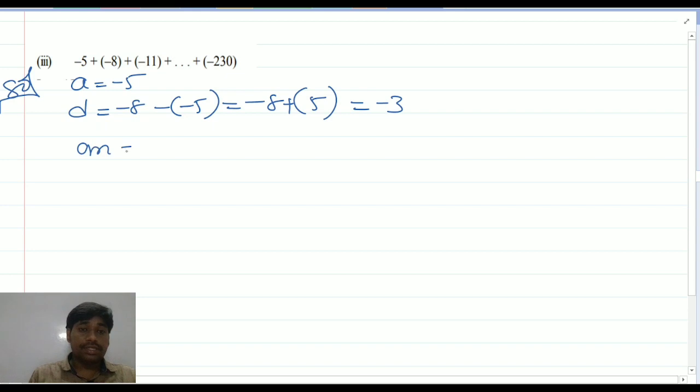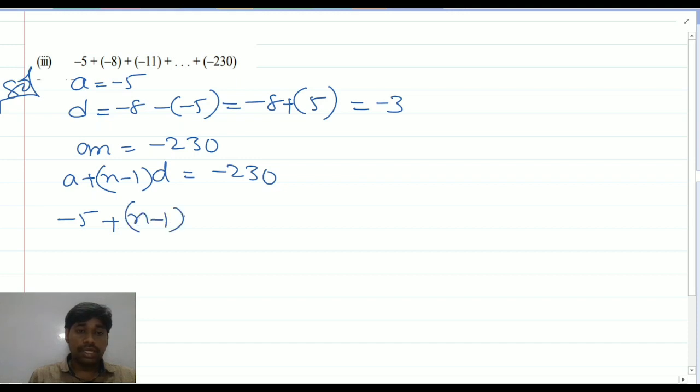So an is equal to minus 230, then a plus (n minus 1) into d is equal to minus 230. So minus 5 plus (n minus 1) into d, which is minus 3, is equal to minus 230. Bring this 5 to that side.